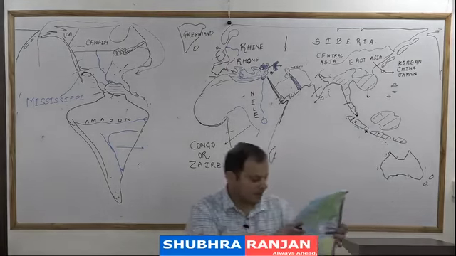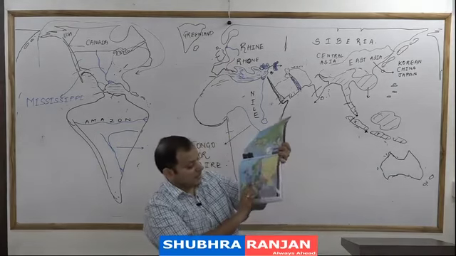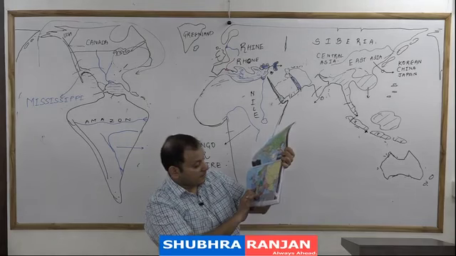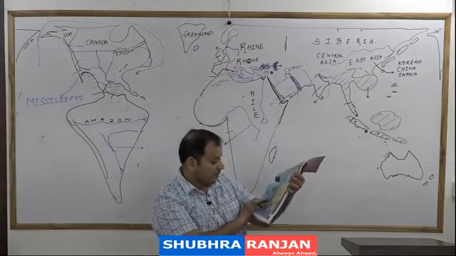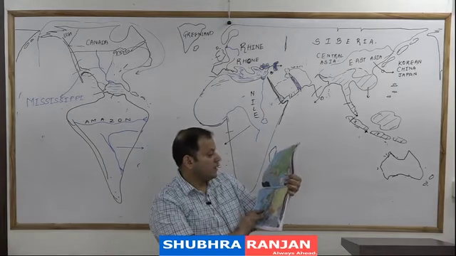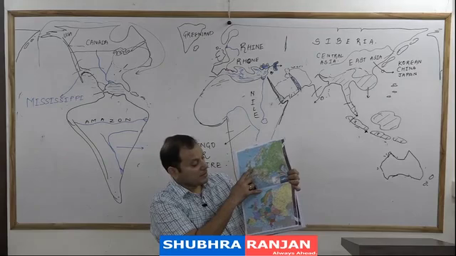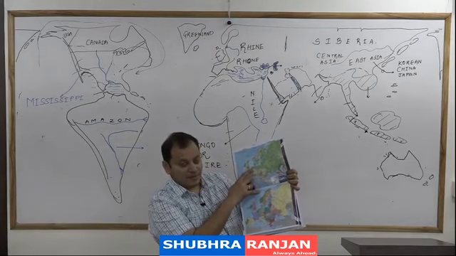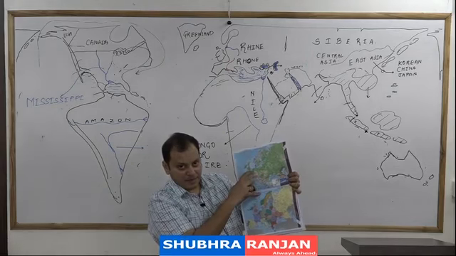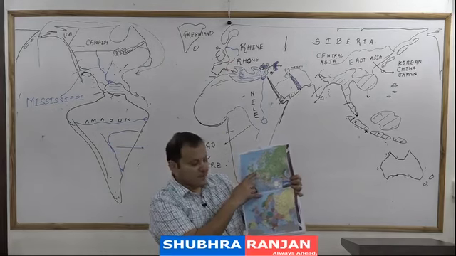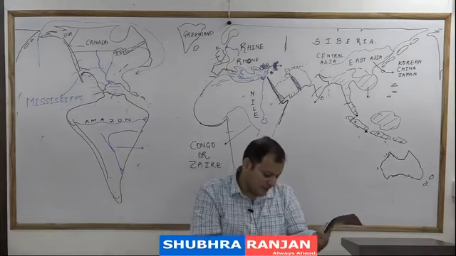And when we see the map of Europe, where do you have to look for River Rhine? Where Copenhagen is written. Just below Amsterdam, not Copenhagen, you will find a region here that is River Rhine. You will not find it in the political map, you will find that in the physical map. River Rhine is written. Found it? River Rhine. And look at the same areas in the political map. This is how we should be studying.